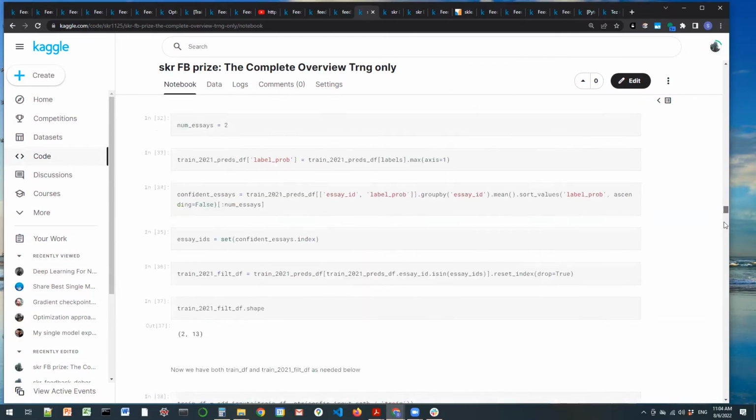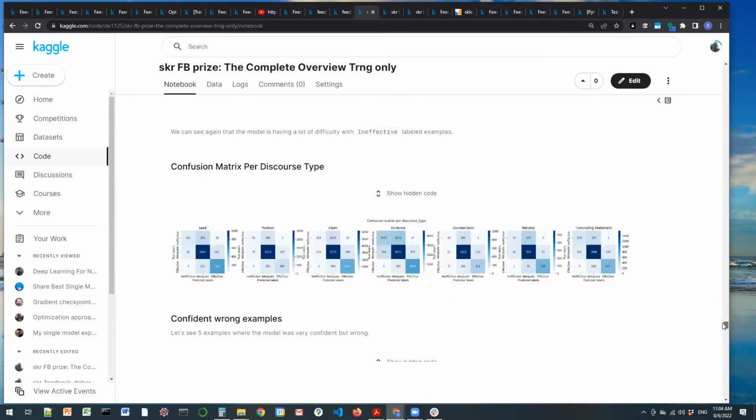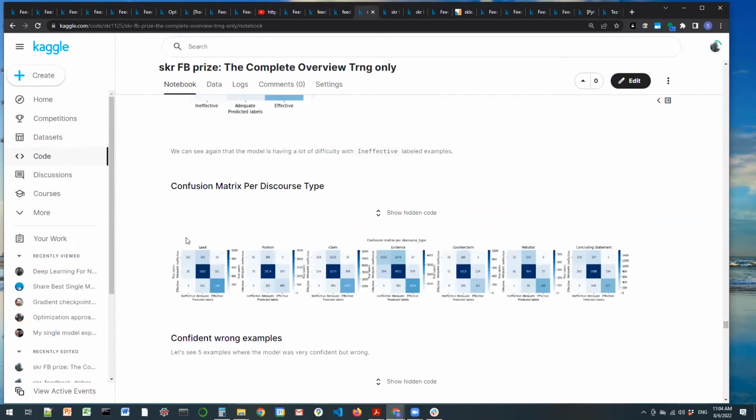What he does point out, for example, is a confusion matrix per discourse type. And I had some notes about this: I think most of the confusion is between adequate and ineffective. That's where you have most of the problems.